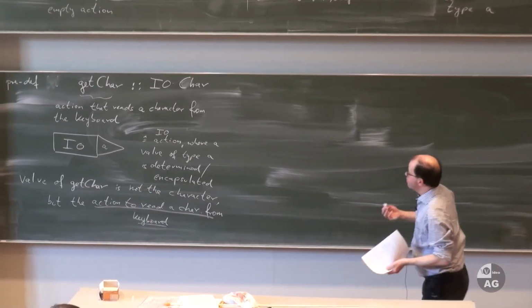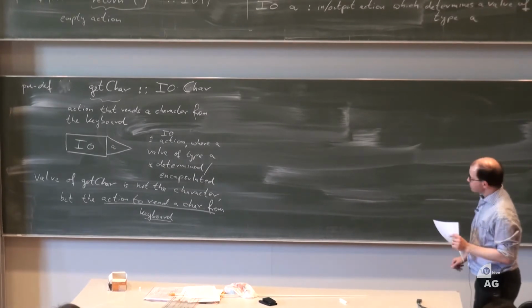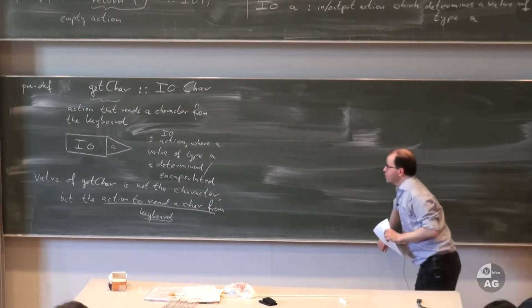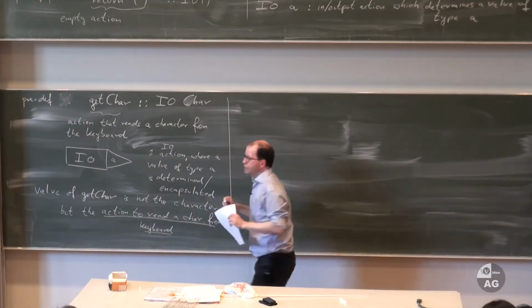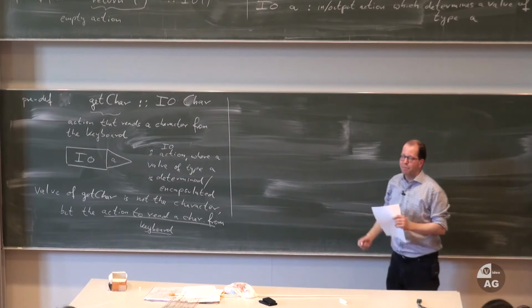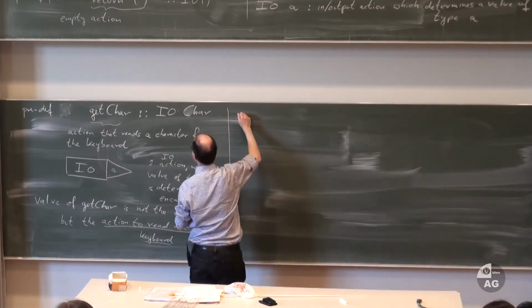To use this getCharacter in some program, let's also extend the function return. Up to now, I said that return empty tuple is the empty output action. Well, in reality, return is a bit more flexible.